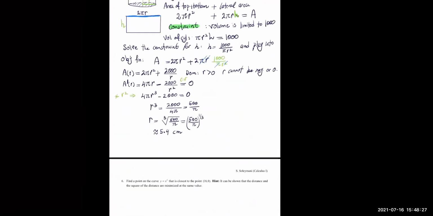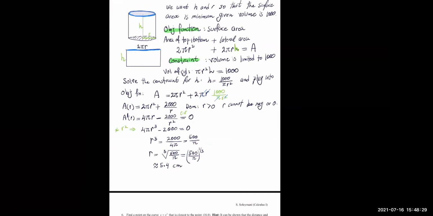So the question is, well, what do you plug in? Because I don't have endpoints right here. R greater than 0, well, I can't plug 0 into my objective function right here. But since you can't plug 0 in, you can take the limit as r goes to 0. That's one option that you can do. What would happen if you do such thing? This would go to infinity. Just use logic. Surface area would go to infinity.